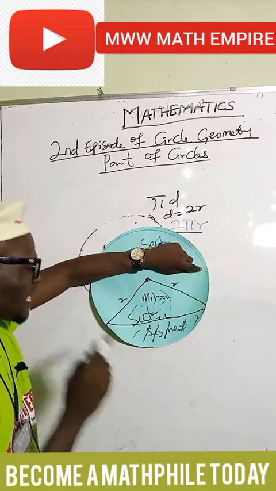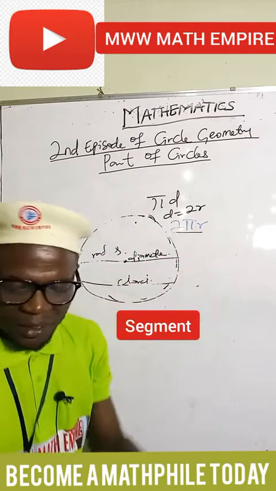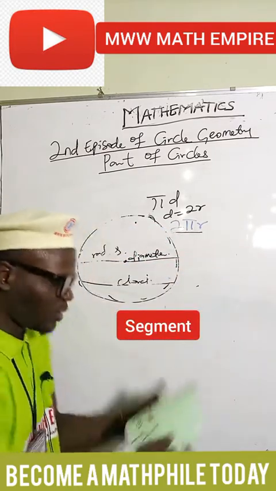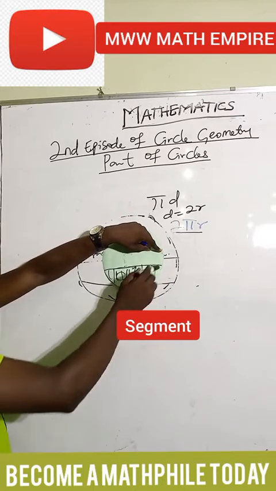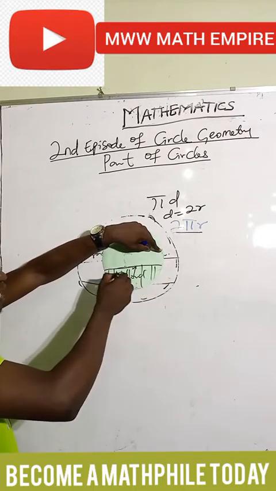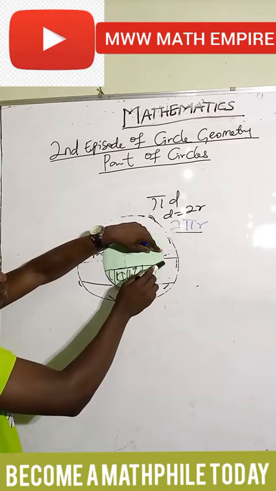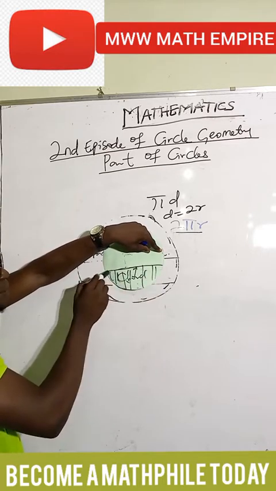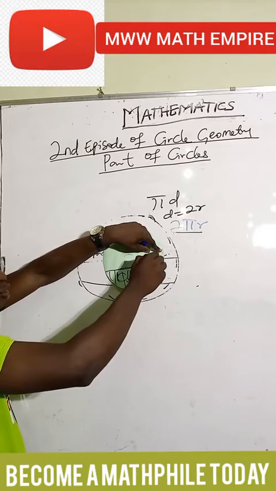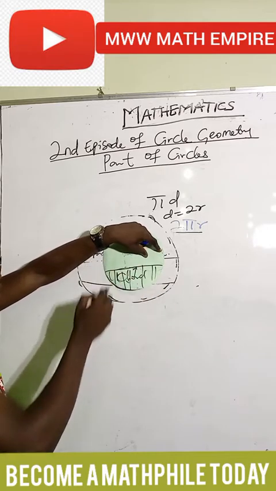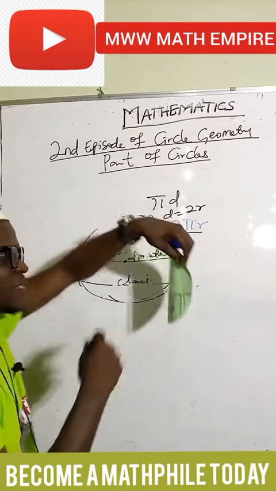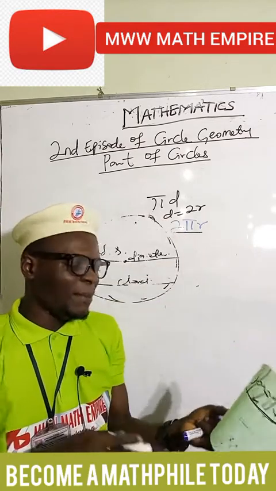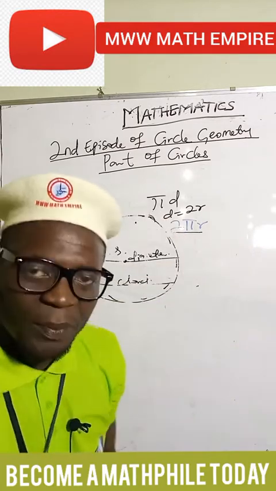While a segment, which we have here, let me use this so that you see it, is the region or area bounded by a chord and the arc of that part, not just the circle but the part. Do you copy? Copy that.